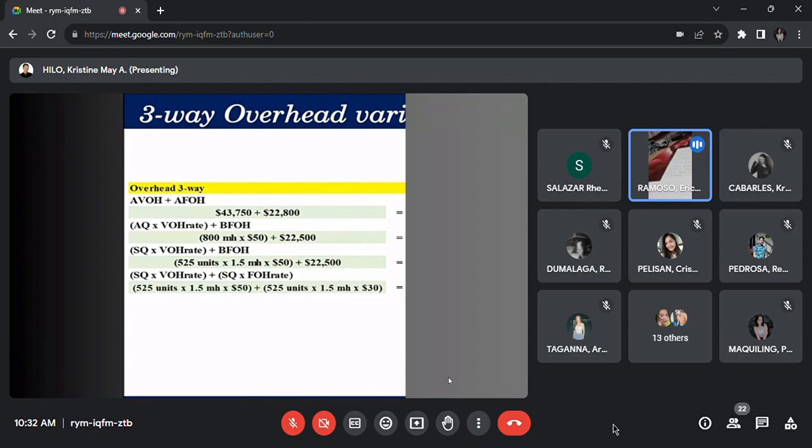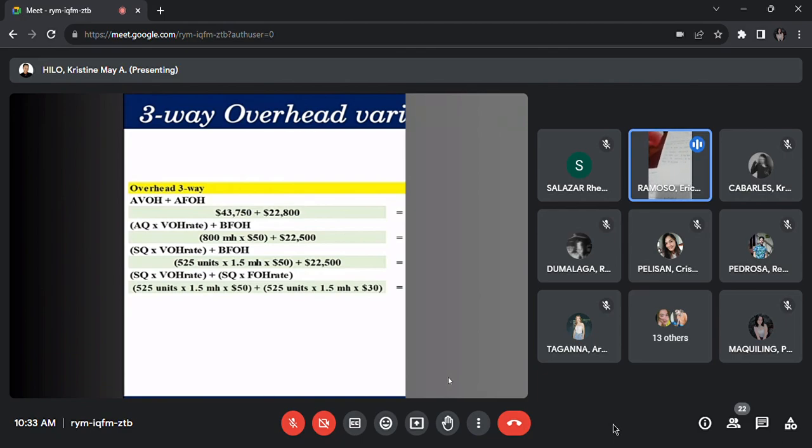Then standard quantity times variable overhead rate plus budgeted fixed overhead is 525 units times 1.5 machine hours times $50 plus 22,500.